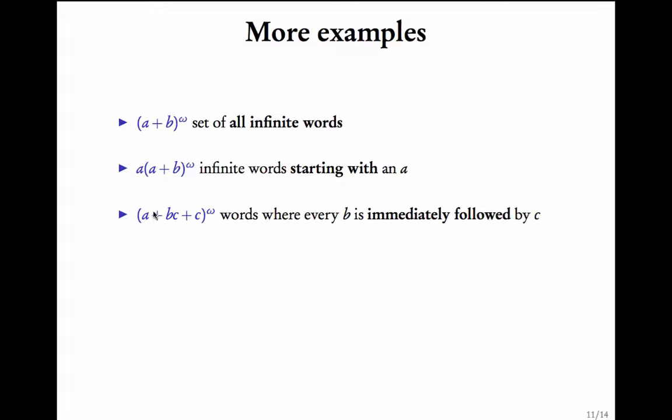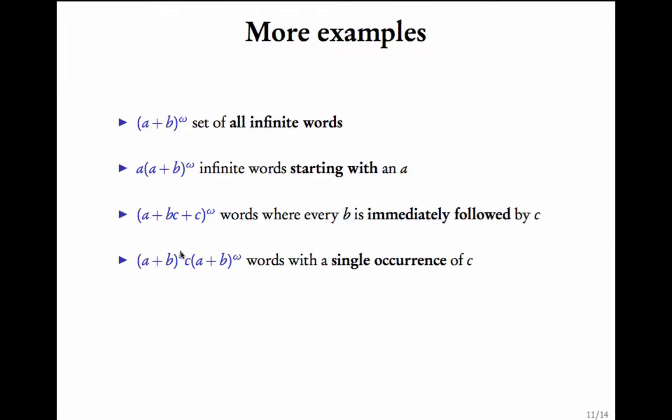What about this? This is (A+BC+C)^ω. In this language, you will have words where whenever there is a B, the next position would be a C. So this is the set of all infinite words where every B is immediately followed by a C. What about this?